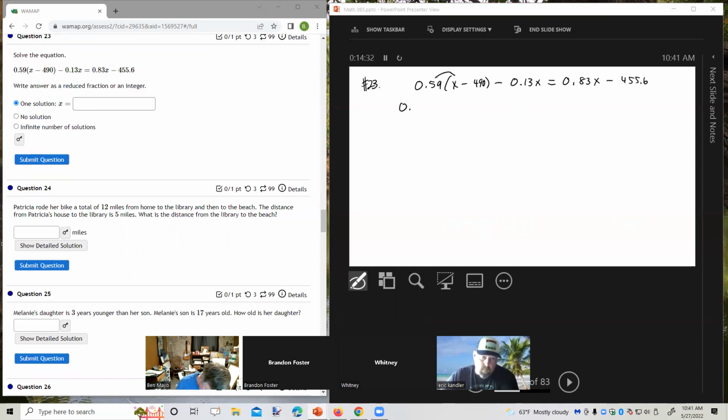On the left side of the equation, we're going to start out by distributing. So we get 0.59x. Then we're going to take 0.59 times negative 490, which is going to be minus 289.1.